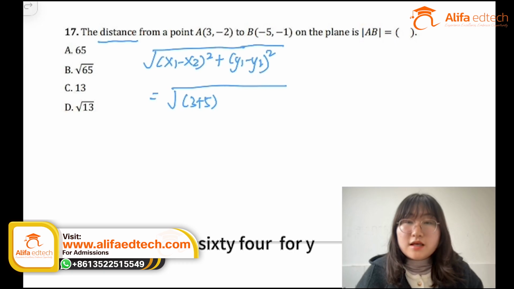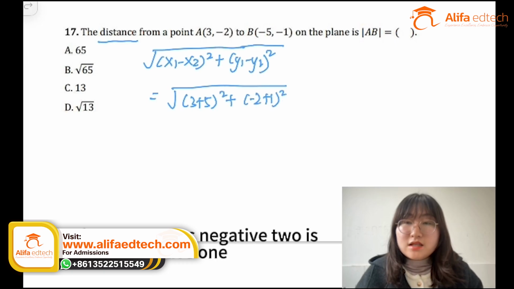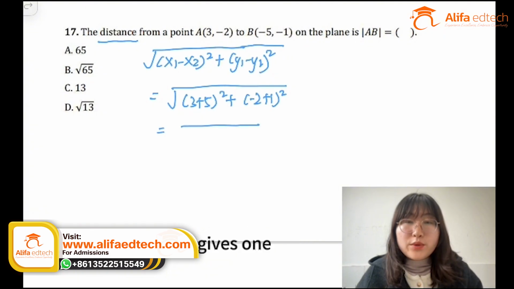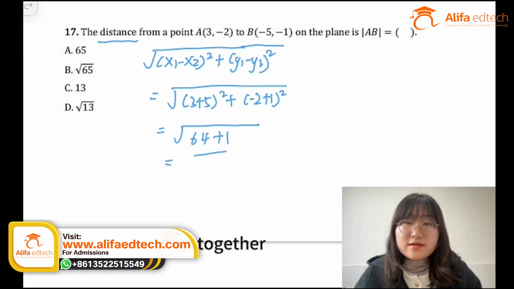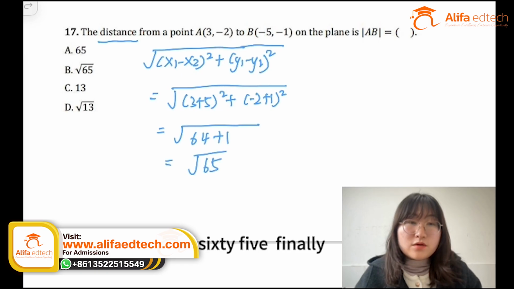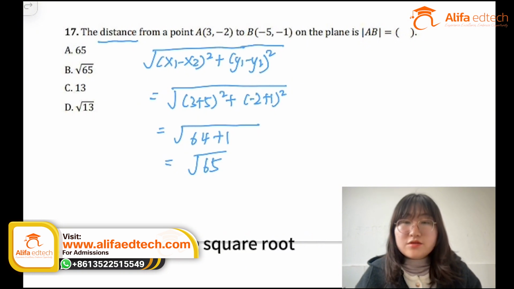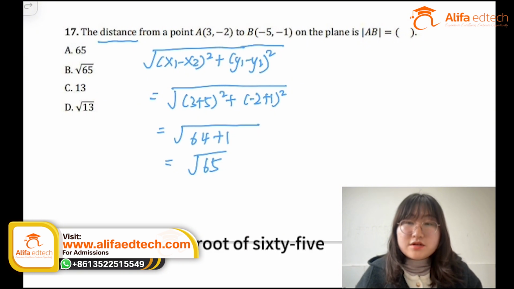Squaring that gives 64. For y, -1 minus -2 is +1. Squaring that gives 1. Adding them together, 64 plus 1 is 65. Finally, we must take the square root, giving us the square root of 65. The correct answer is B.